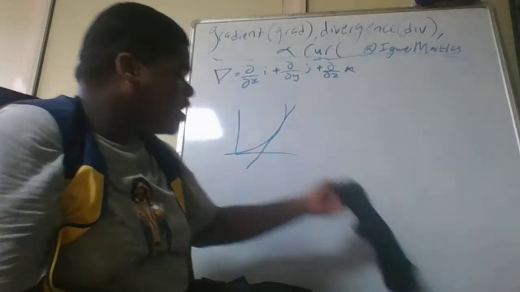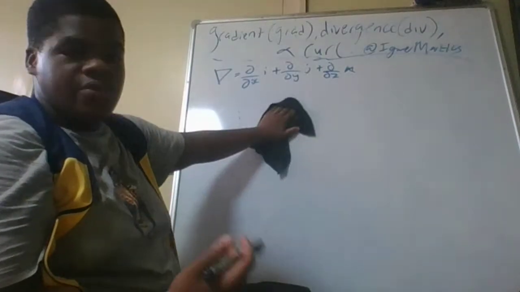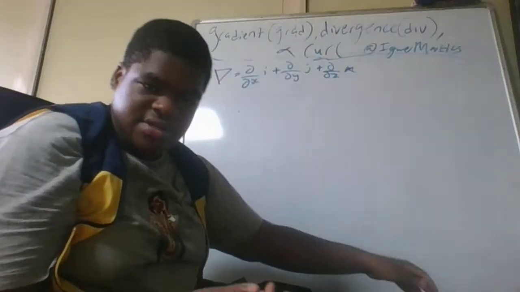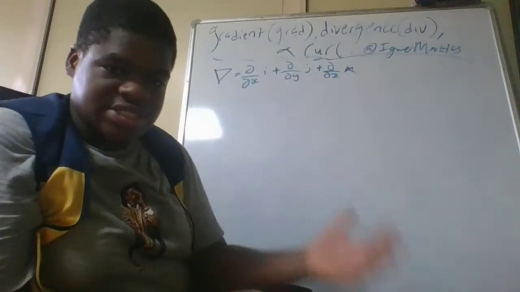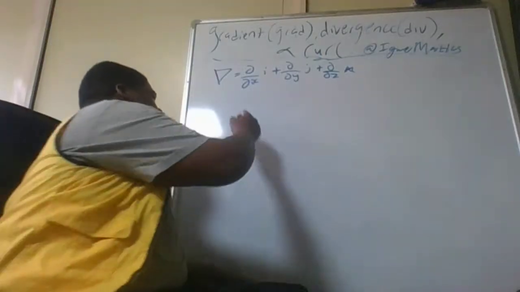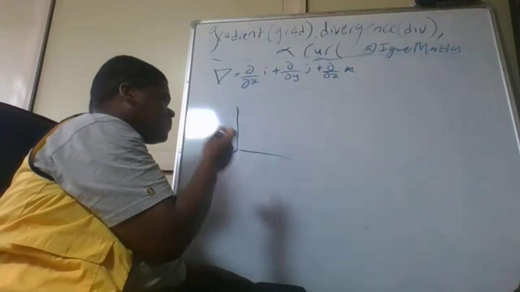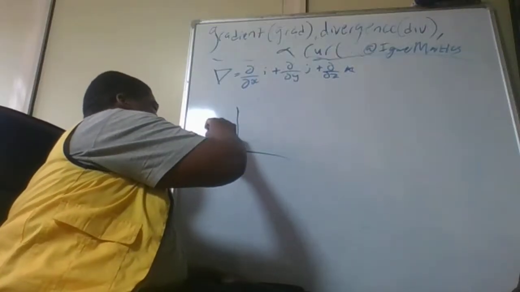The same thing applies to a scalar field. How is the scalar function changing with respect to each axis? So let's say our scalar field is 3D, and we have a curve as such.